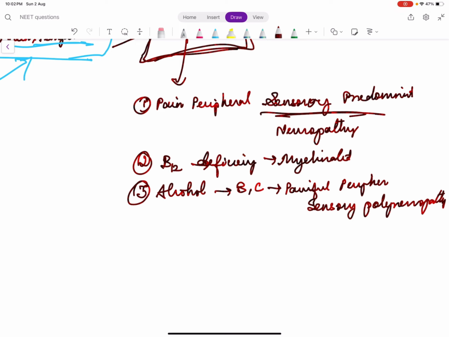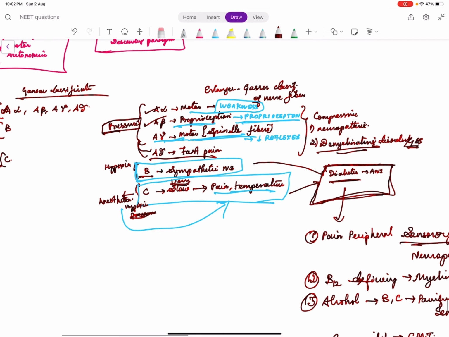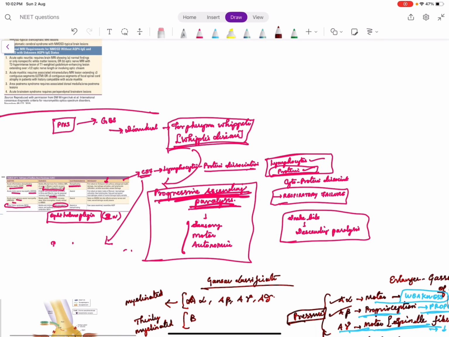So likewise, there are so many causes that can cause neuropathy. There are some congenital neuropathies. Congenital neuropathy is simply called Charcot-Marie-Tooth disease, right? So neuropathy is a very vast disease. Okay. At least remember Guillain-Barré syndrome, the cause is demyelination. But demyelination alone is not the cause for neuropathy.